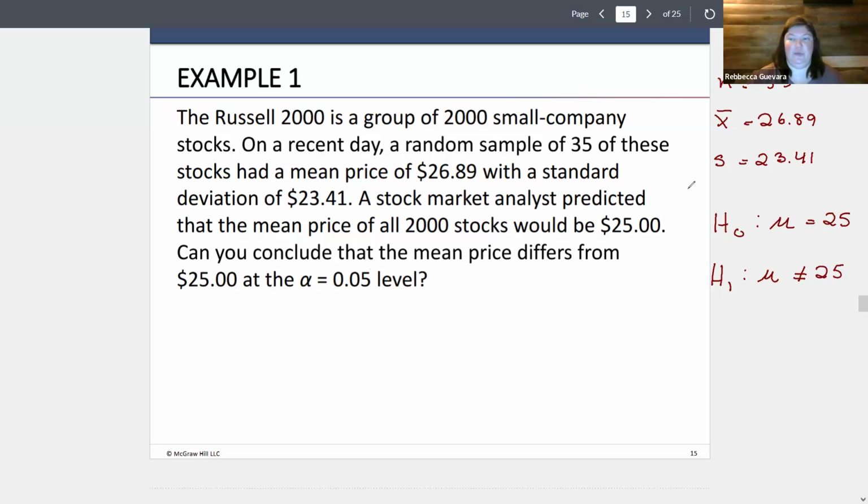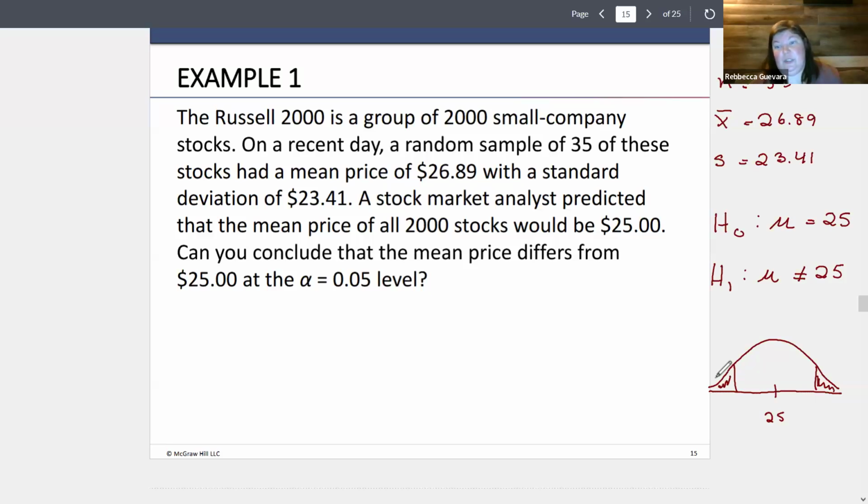So like I said, there are two ways that we can go about this. We're looking at a two-tailed test again. So we're going to need some sort of test statistic here. We're centered at 25, so we're either in this tail or this tail.